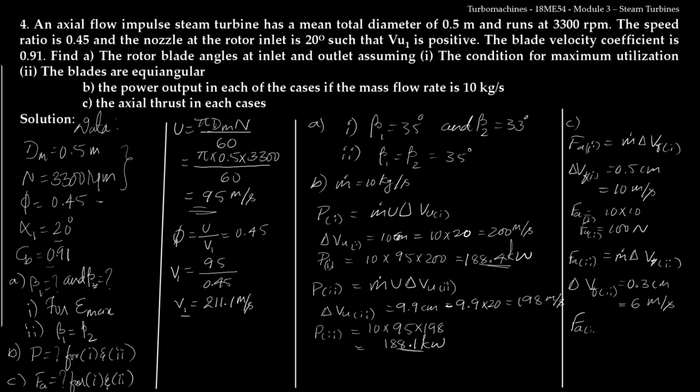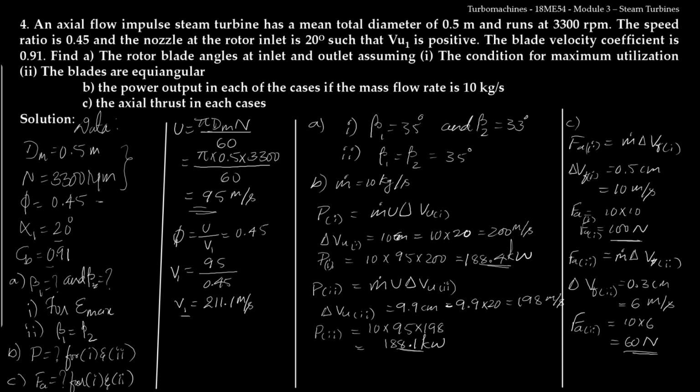Fa for the second case will be equal to 10 into 6, that is 60 newtons. So, these are the required parameters. So, we have calculated the angles beta 1 and beta 2 for both the conditions. Then we have calculated the power for both the conditions and the axial thrust for both the conditions.